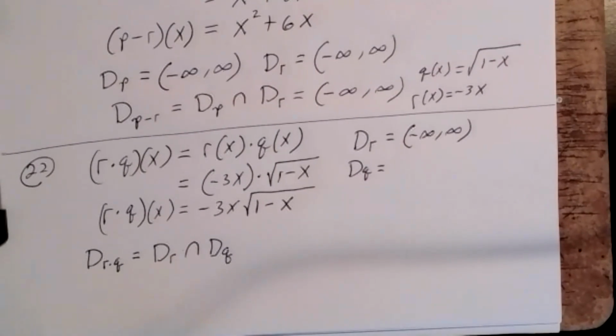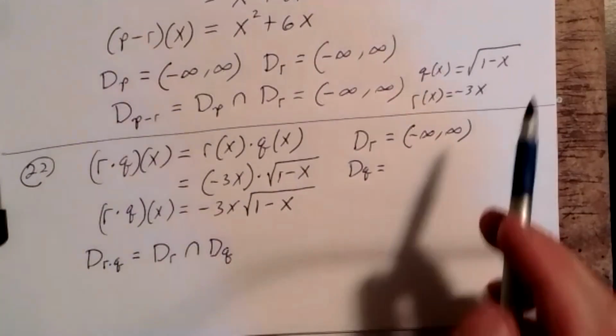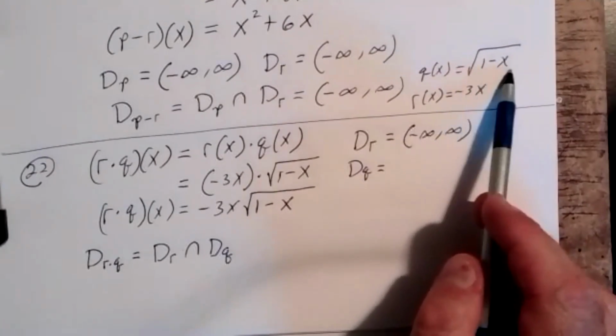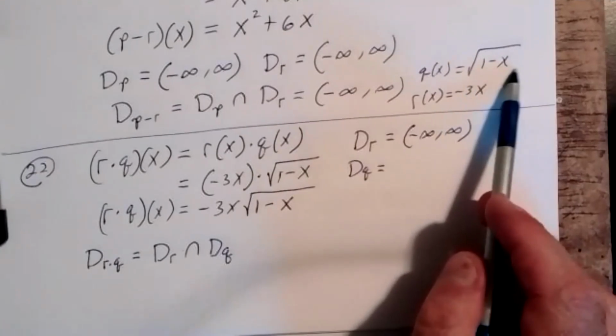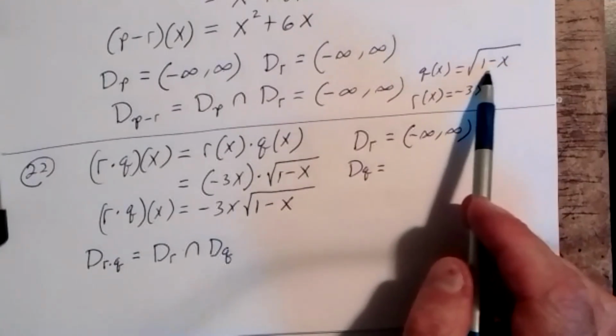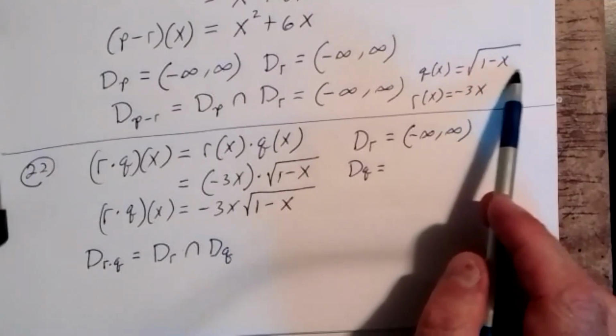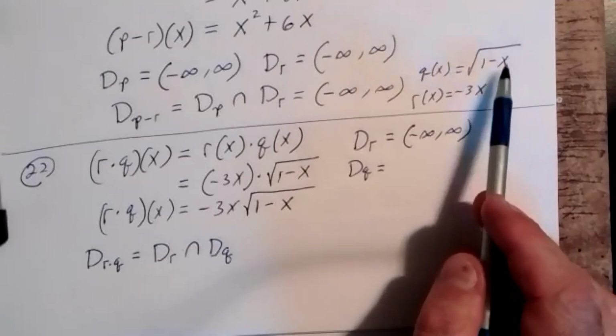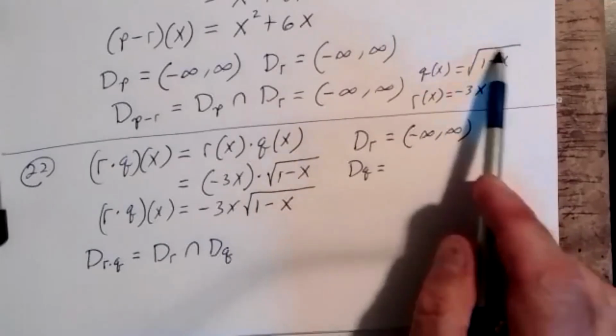Recall that the domain of a function is a set of all real numbers for which a function is defined. When would this square root function ever become undefined? Anybody? When would it ever become undefined? When would it no longer be a real number? If you're taking the square root of a negative quantity, correct?